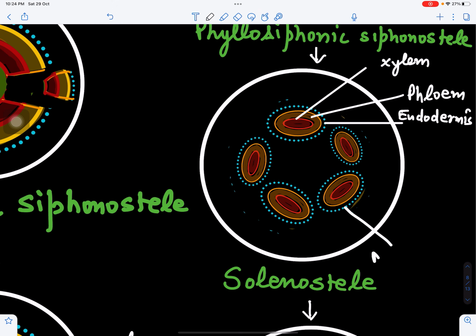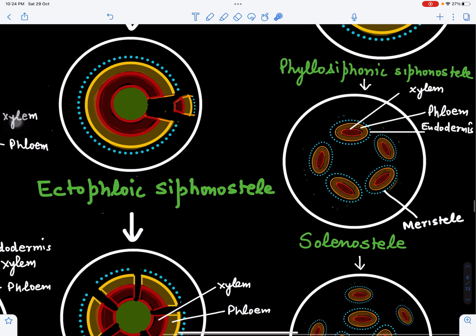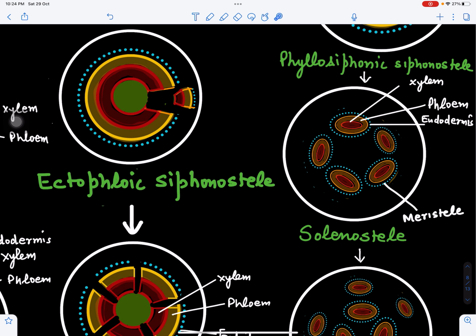This is called as meristeles. So these are the leaf gaps which are present over here like this. So this part is xylem surrounded by phloem, then blue colored endodermis and pericycle. So meristeles are produced. So when leaf gaps are there but they are scattered, this is called as solenostele.